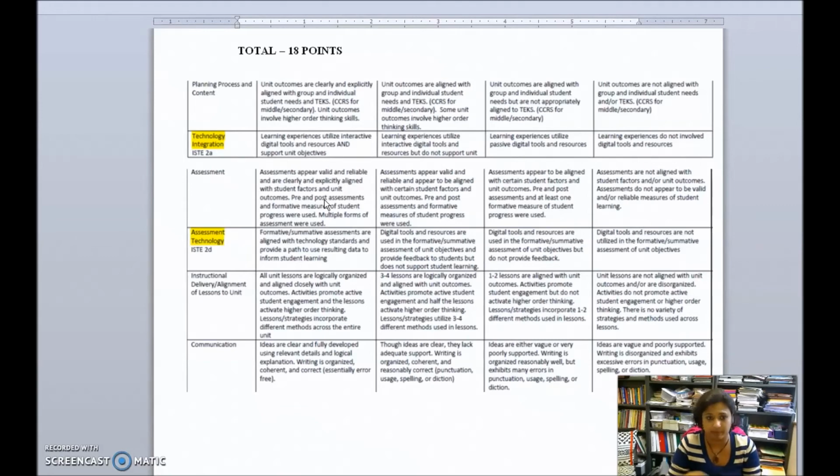So all of them. You also have to have assessment aligned with technology. So when you plan your lesson, think about it in a way as to how you can include technology. This unit plan is actually more theoretical because you're not really going to do it in a classroom.